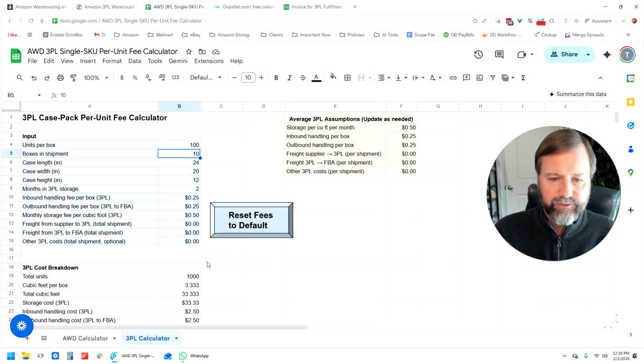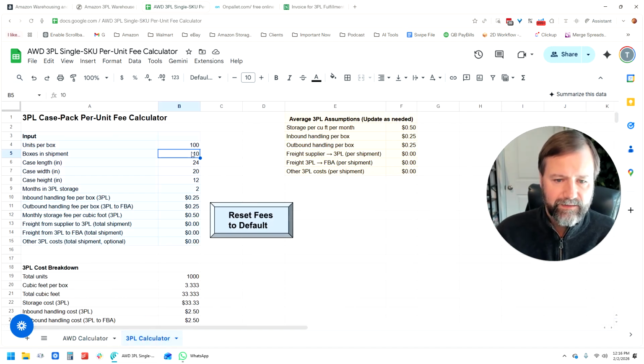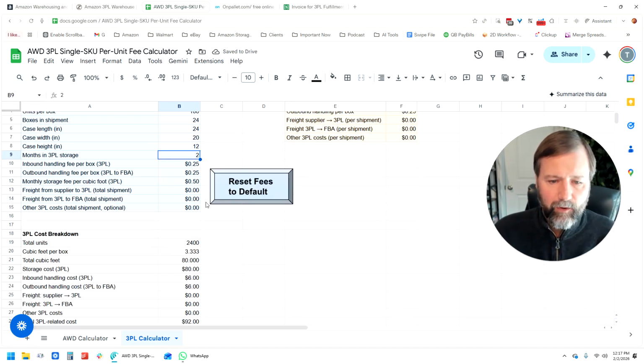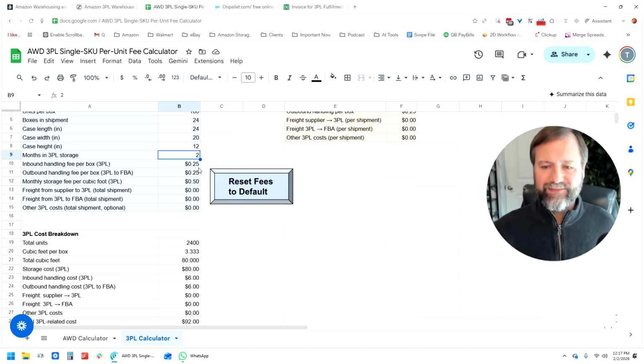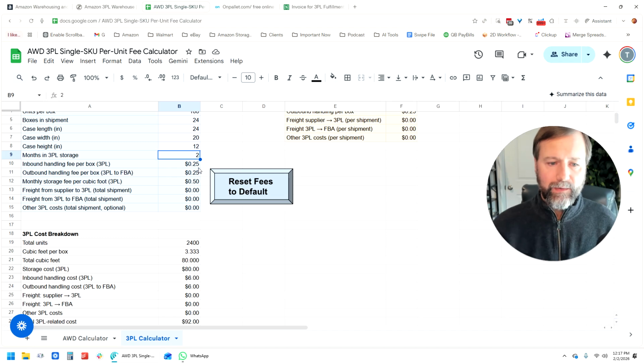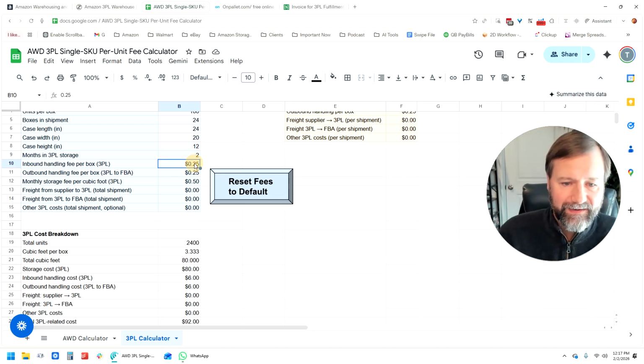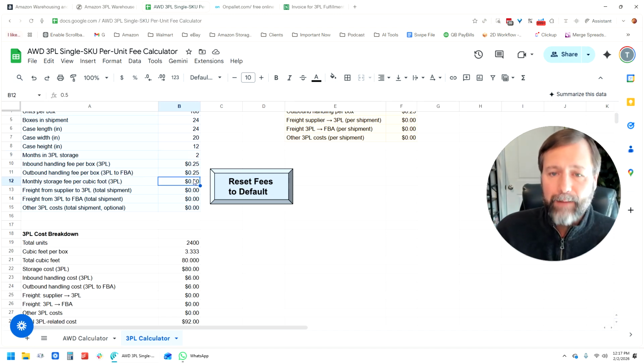Then we can flip over to the 3PL calculator, and let's do something similar. So 100 units, 24 boxes, 24 by 20 by 12, 2 months of storage. Now, what I did here, because 3PLs are extremely difficult to calculate exactly, is base this on the inbound, outbound, and then monthly storage on a pallet.